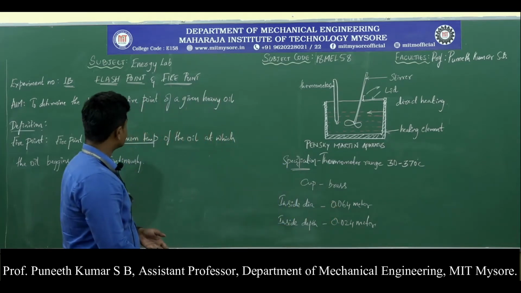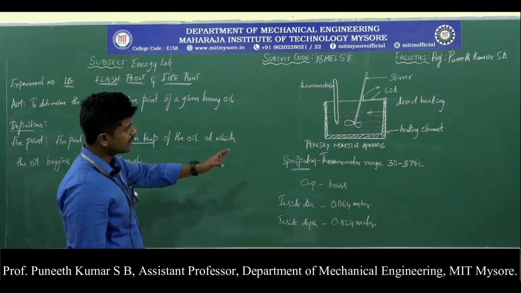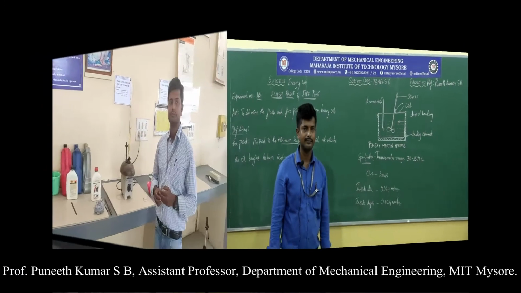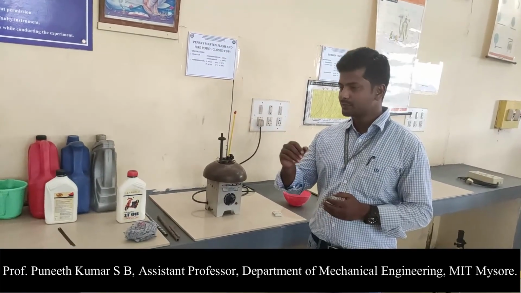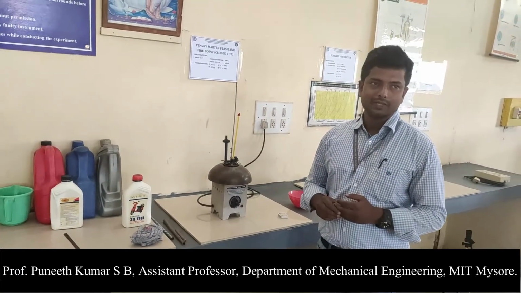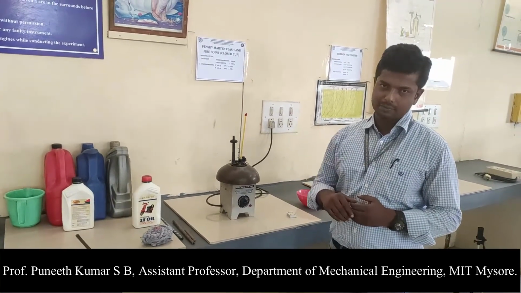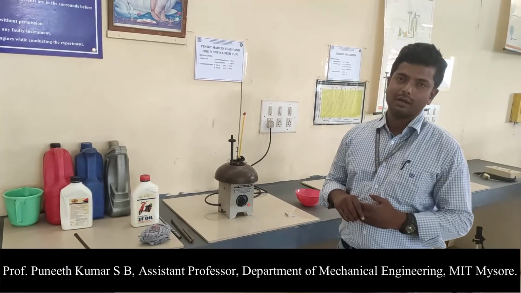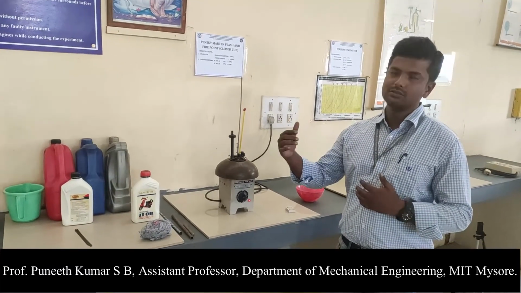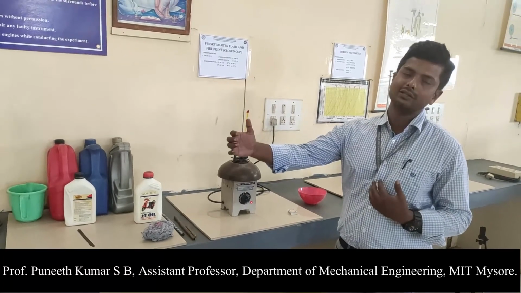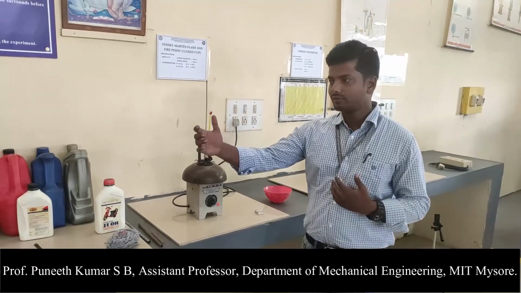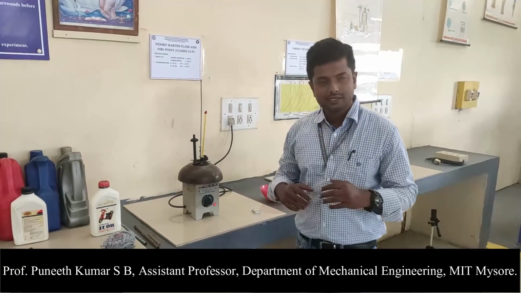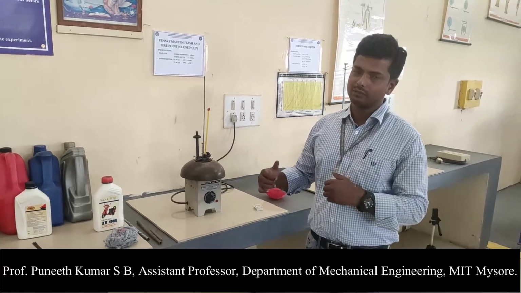Okay. So once we have understood the experimental setup, now we can go for the experimentation. In the previous experiment we did the flash point on Abel's apparatus. Now we are doing it on Pensky-Martens apparatus. The difference between these two is that the former is used for light oils to find the flash point of light oils, whereas this equipment is used to find the flash and fire point of heavy oils.